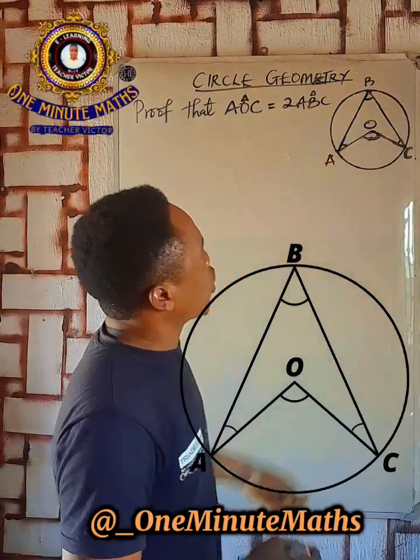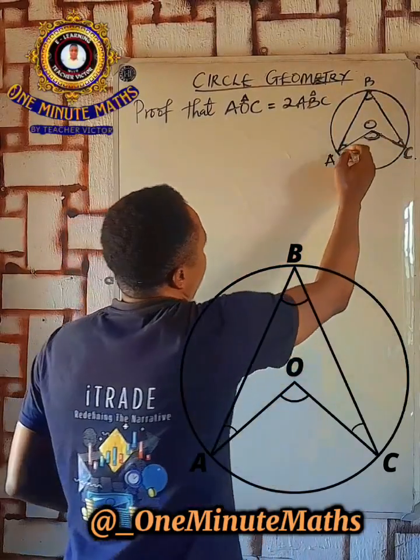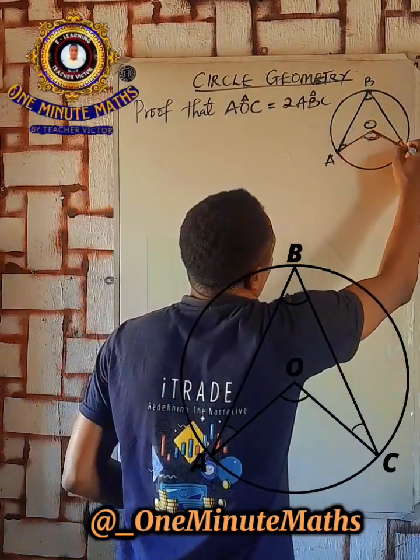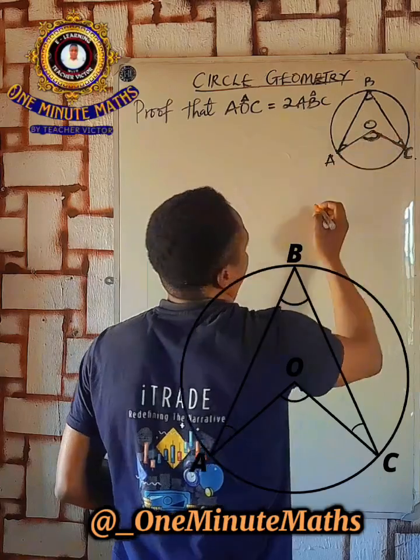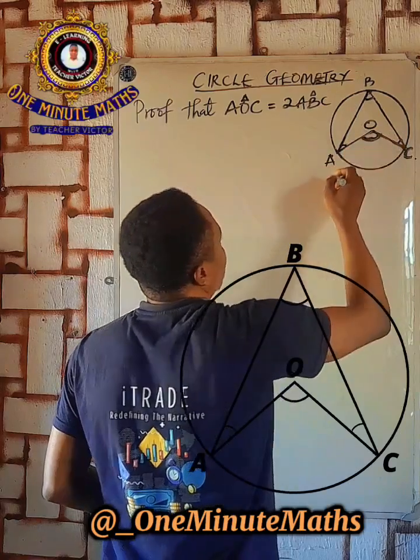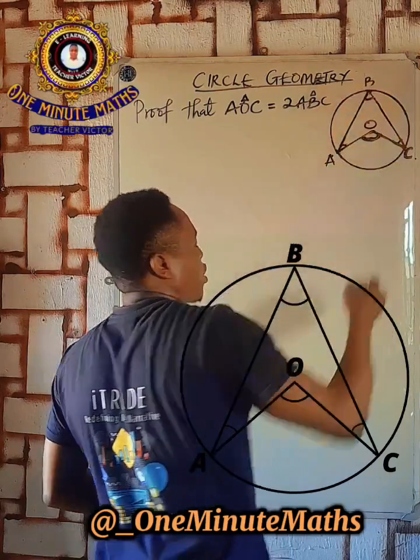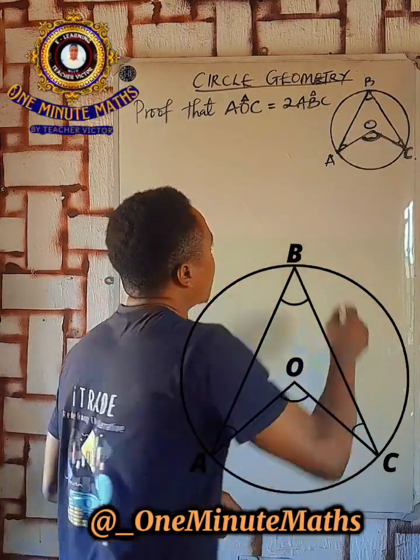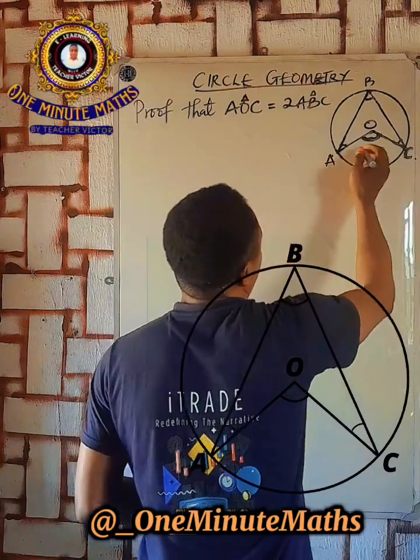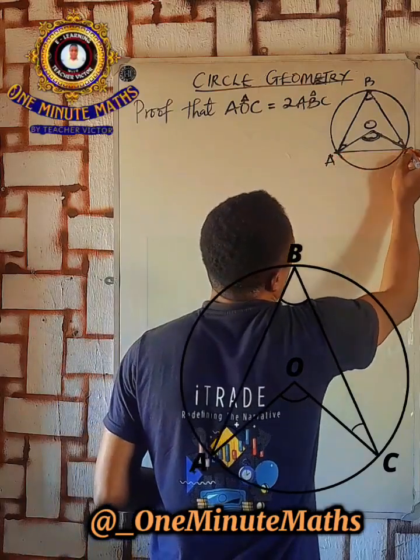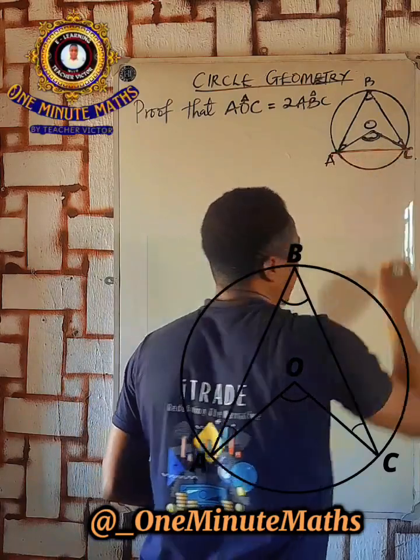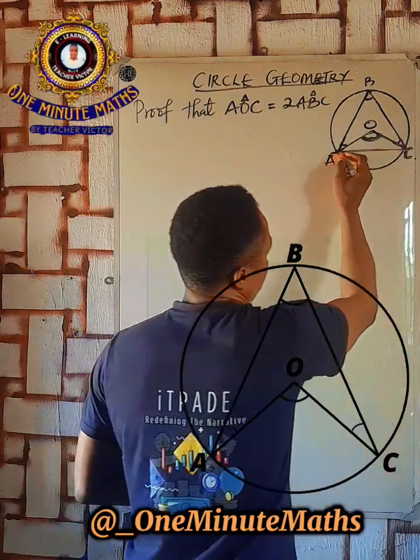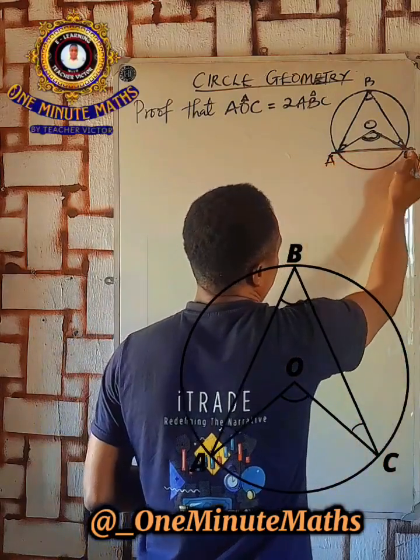So the theorem is saying that any angle that is formed at the center of the circle is twice the one that is formed at the circumference of the circle, so long as both of these angles are sitting on the same chord, that is, on the same segment. Of course, this line forms a chord AC.